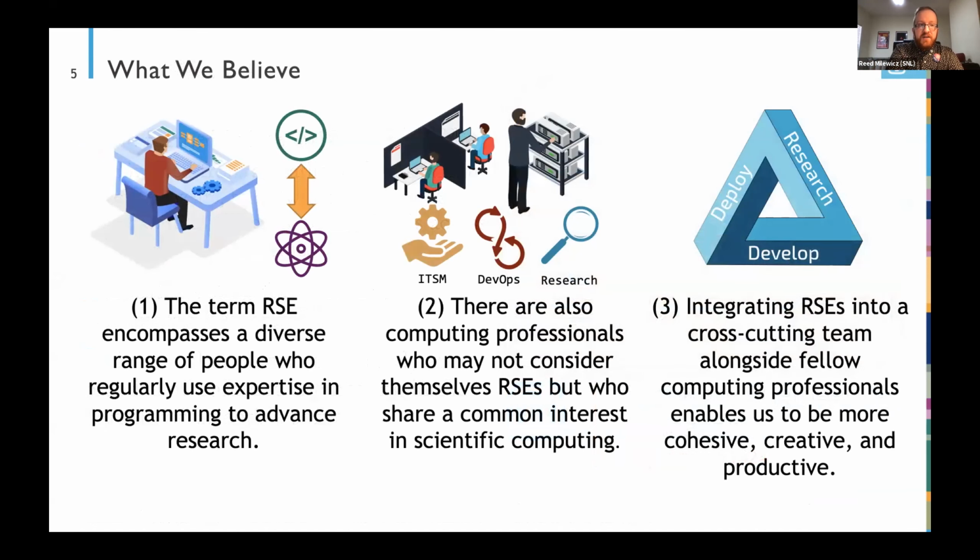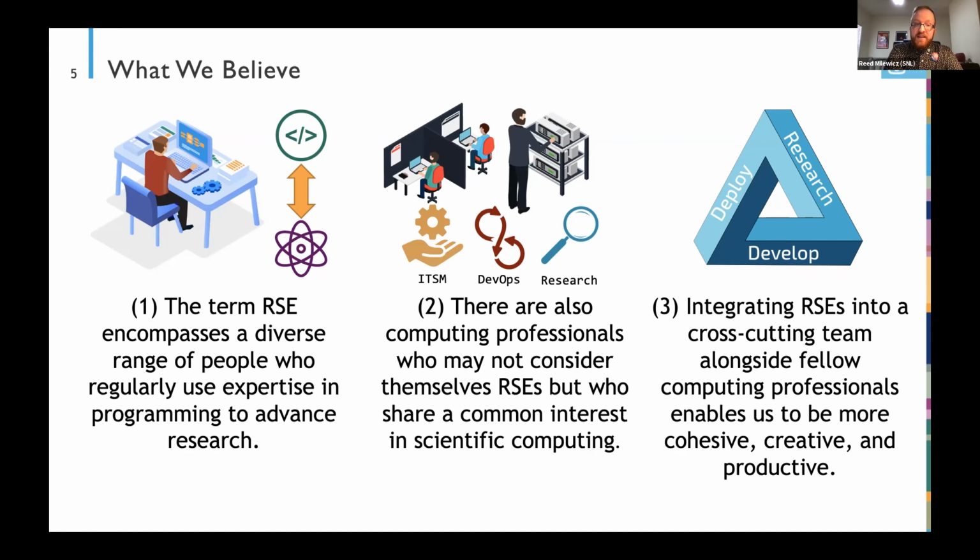One, the term RSE encompasses a diverse range of people, all of whom regularly use expertise in programming to advance research. Of the 20-ish people on our team, the majority of them are RSEs. However, there are also computing professionals who may not consider themselves RSEs, but who share a common interest in scientific computing. This includes software engineering researchers, DevOps practitioners, and IT service management specialists. And those folks are part of our team as well.